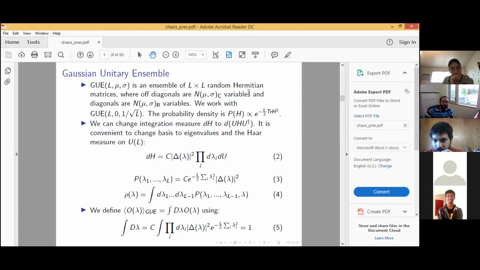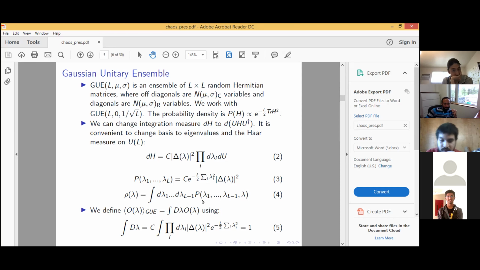Okay, so equation 3 defines a joint probability distribution for the L eigenvalues of these matrices, and that's given in this form. So exponential of minus L by 2 times the sum of the squares of the eigenvalues times the square of the Vandermonde determinant. And in equation 4, rho(lambda) defines the probability density for a single eigenvalue.